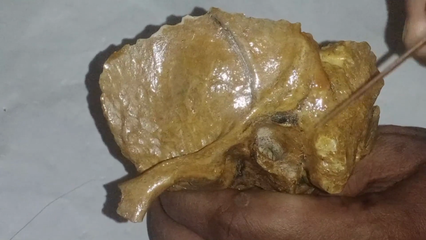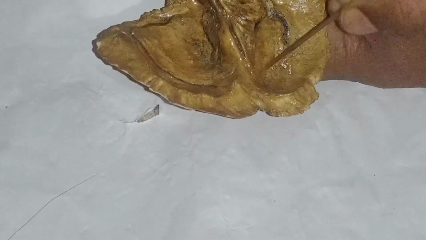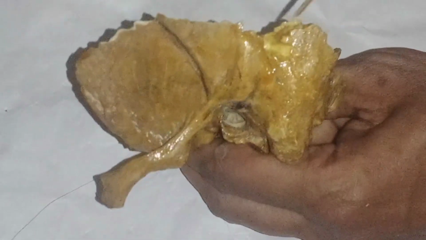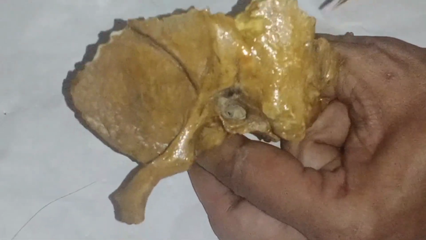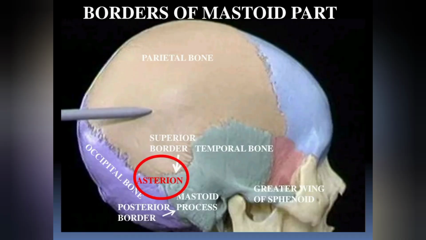The mastoid part has an external or lateral surface and an internal or cerebral surface, and it has two borders, the superior border and the posterior border. Superior border articulates with the inferior border of the parietal bone. The posterior border articulates with the squamous part of the occipital bone.